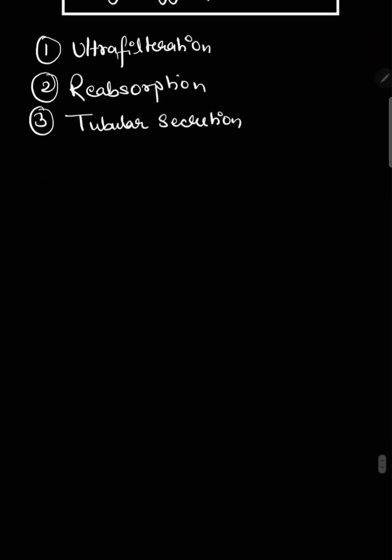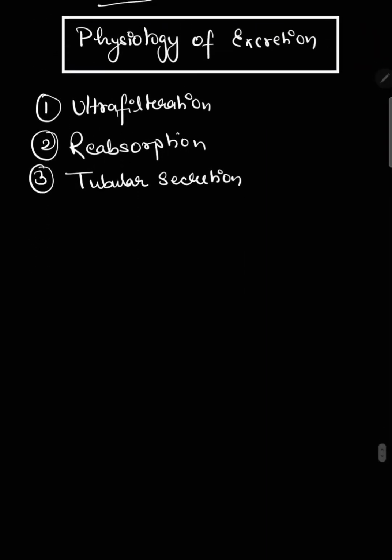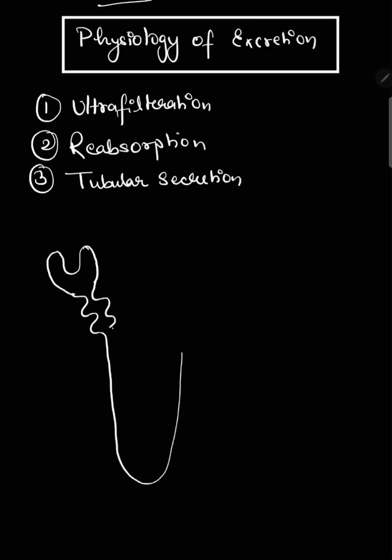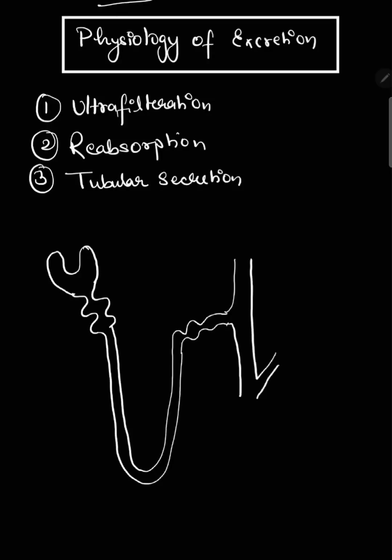Let's draw the nephron once again. See, it's very easy. This is the PCT, this is the loop of Henle, this is the DCT portion, and here we come with the collecting duct.